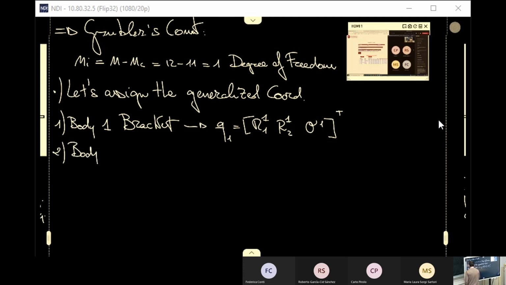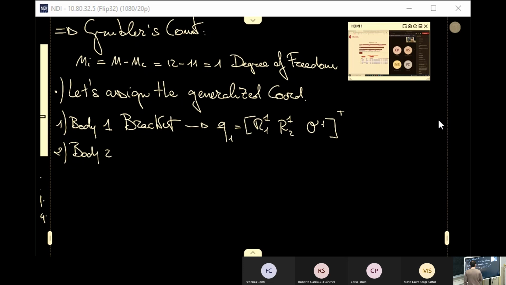So body 2, we'll call it crankshaft. Two is, of course, the same thing.